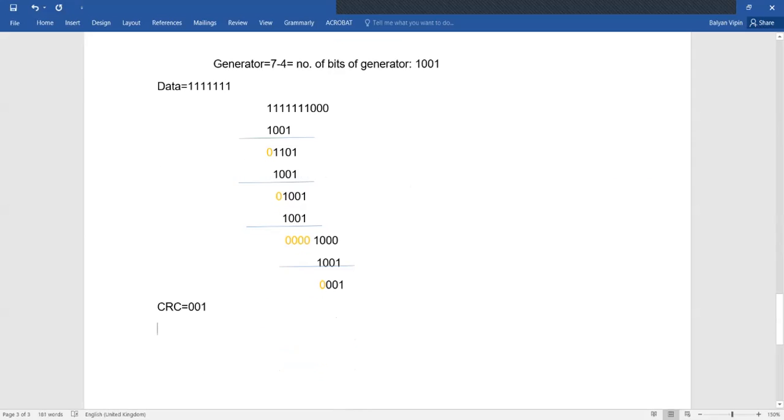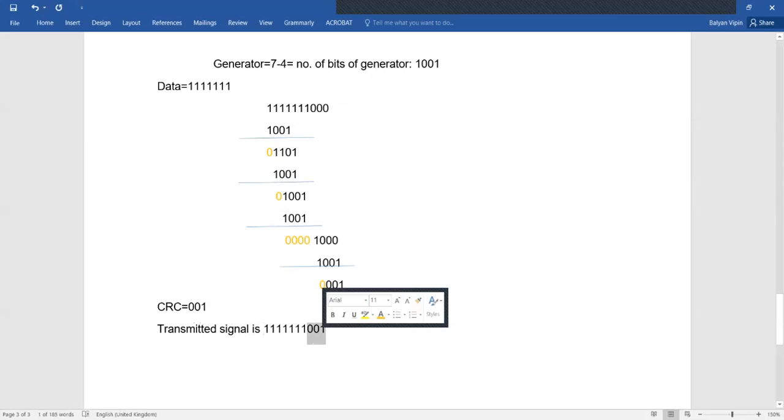Now, the transmitted signal will be this, because we use these triple zeros to find the CRC bits, and CRC is the last three bits of your remainder. So you will ignore this fourth one. So this is your transmitted signal.